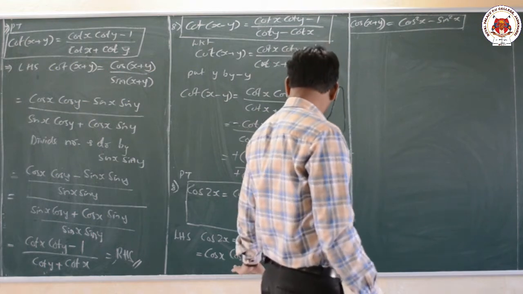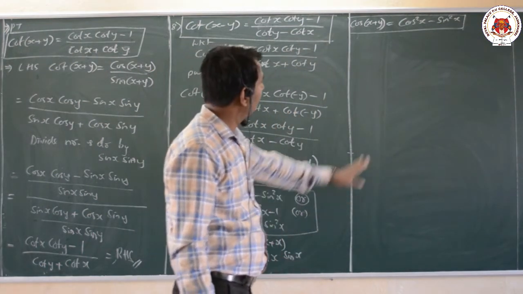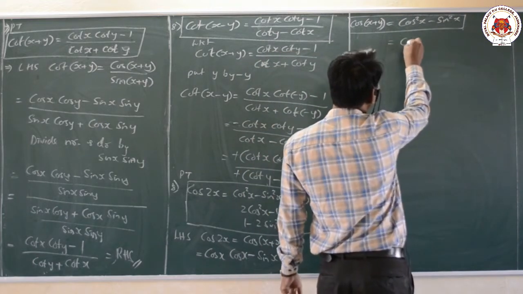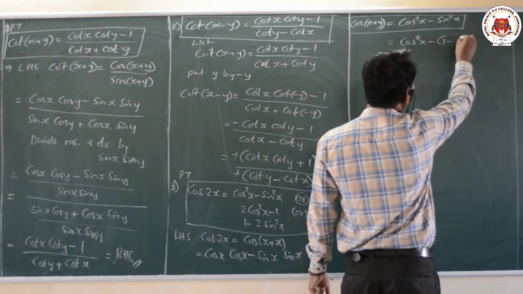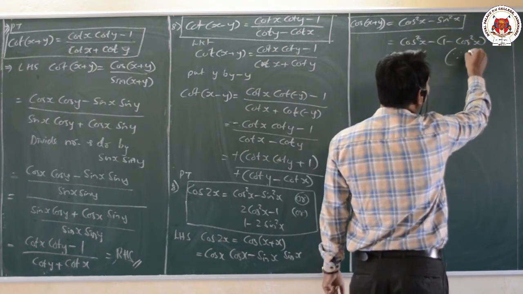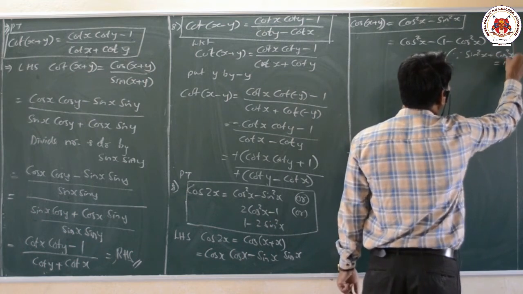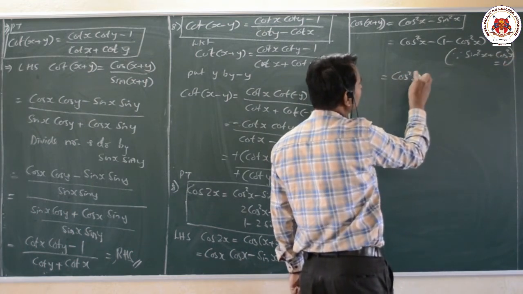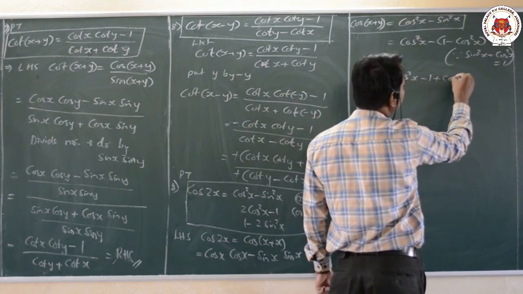Now let us move on with the next part, that is 2 cos square x minus 1. In the expression cos square x minus sin square x, I can write sin square x as 1 minus cos square x, because sin square x plus cos square x is 1. So we get cos square x minus 1 plus cos square x.